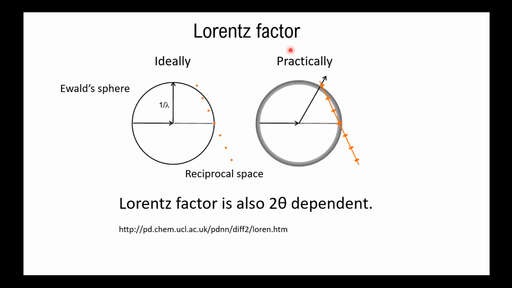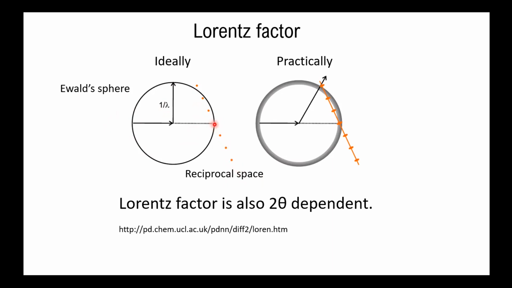But this one actually has more of an origin in the physics of diffraction, which we didn't really cover in this lecture. But if you happen to already know what the Ewald sphere and the reciprocal space are, you know that theoretically diffraction happens only when the Ewald sphere intercepts the reciprocal space.